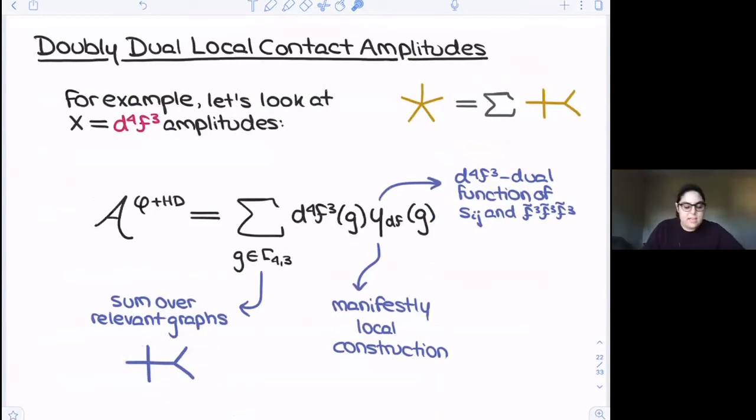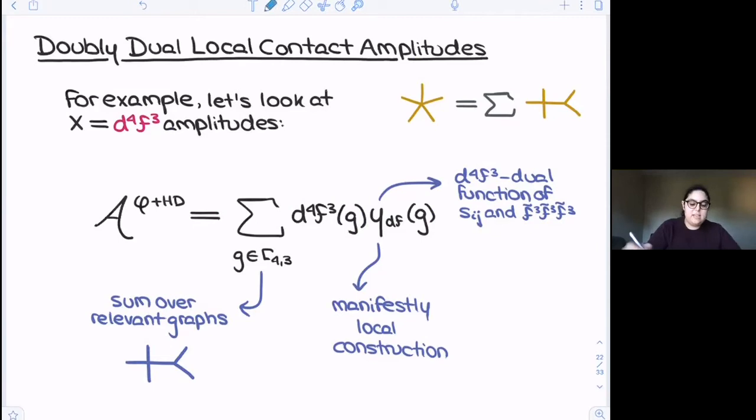And what I see is that the coefficient of each color factor D4F3, I'm calling it Y here, displays two really interesting properties. The first is that it's manifestly local. I'm no longer dependent on cancellations between the graphs to get my contact interaction. The second is that it obeys the exact same algebraic properties as D4F3, those hybrid constraints, the vertex symmetry and antisymmetry, and also the 4-term identities.